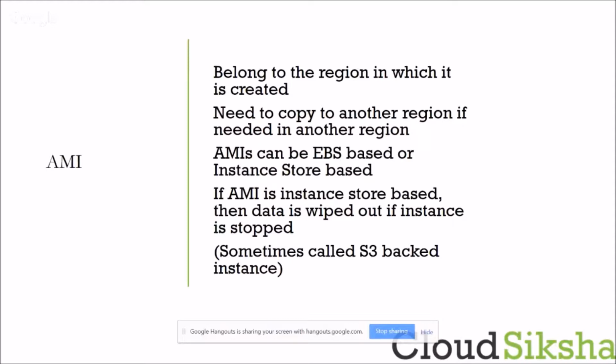So if somebody asks, can I boot another system in a different region using the AMI? The answer is no. You can't directly access the AMI from another region. One way it can be done is that your AMI can be copied from one region to another. So this copy option is available. So if you want the same AMI in a different region, you go there and copy.